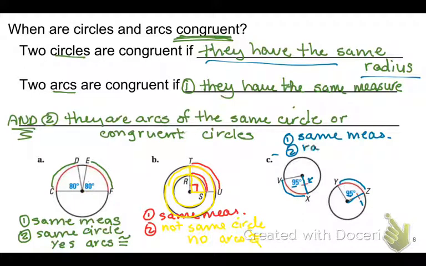So the radii are the same, and so the circles are congruent, which means yes, the arcs are congruent. Again, watch this part again if you need to review that. But with this knowledge, you should be able to go on and do the homework. And as always, ask questions if you need to.